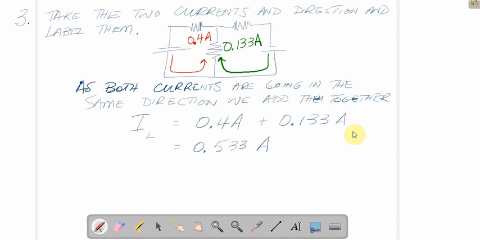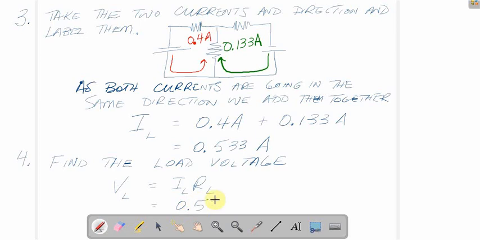And the very last step, we want to find the load voltage. So step number 4, we'll do that. Now that we know the current, that's a simple calculation. So just multiply the load current by the load resistor.